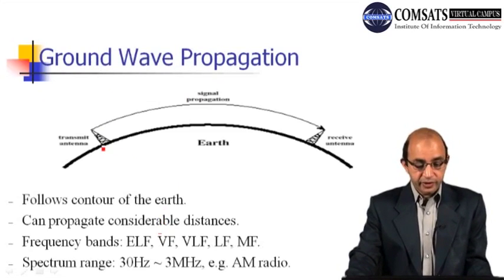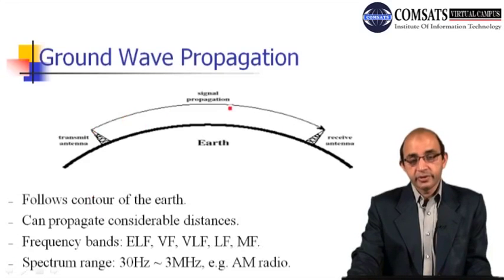Here we have the scenario of the ground wave propagation mode. Here we have the transmission antenna, and this is the receiver antenna. This is the way the signal will propagate, along the contour of the earth, right? The radiated energy will follow the contour of the earth and can propagate a considerable distance, so we can send and receive at a longer distance.